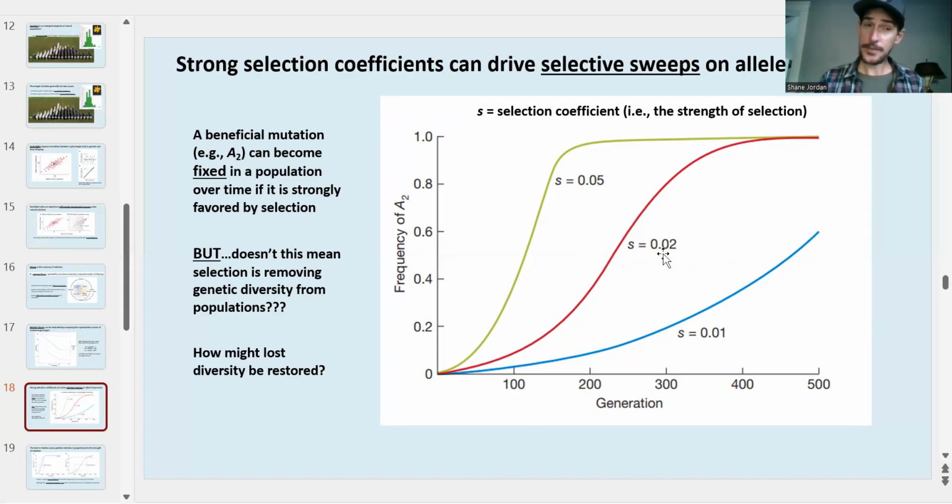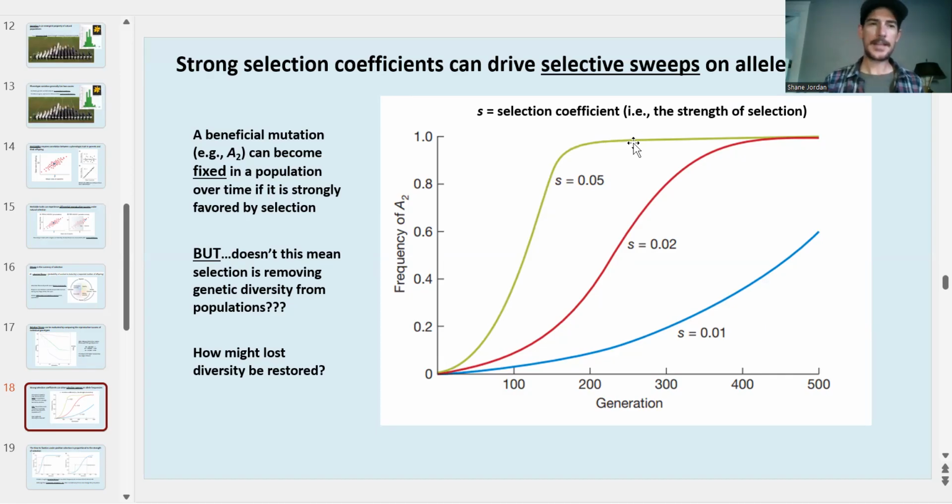When that selection coefficient is higher, that is to say the strength of selection for this allele is greater, then the frequency of this mutant allele is reaching fixation in something on the order of about 400 generations. When the strength of selection is over twice as high, we can see that the frequency of this mutant allele is reaching fixation in something closer to about 200 generations.